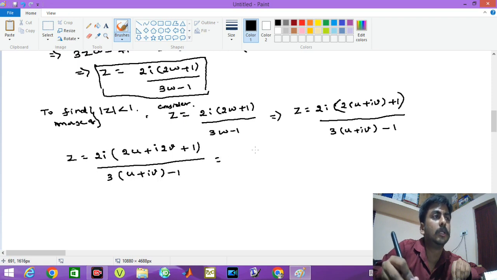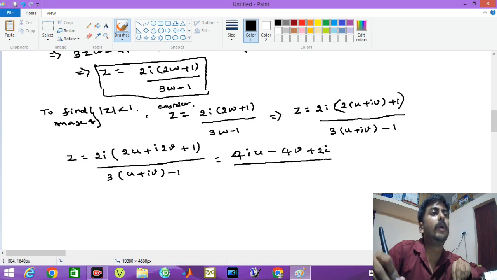Now multiply by 2i inside, so we get 2 into 2i is 4iu, then i square is minus 1, so minus 2 2s are 4v, plus 2i, divided by 3u plus i into 3v minus 1.